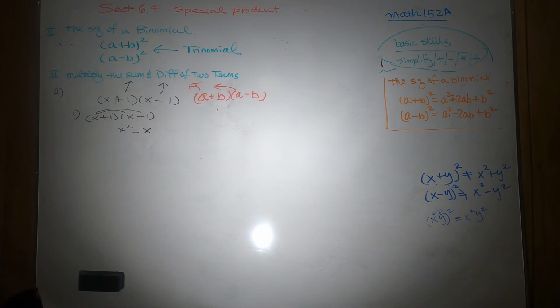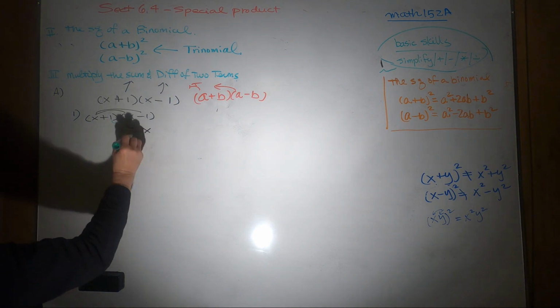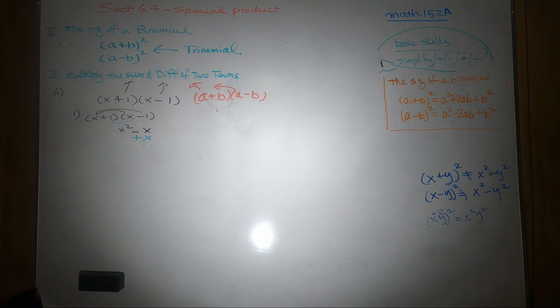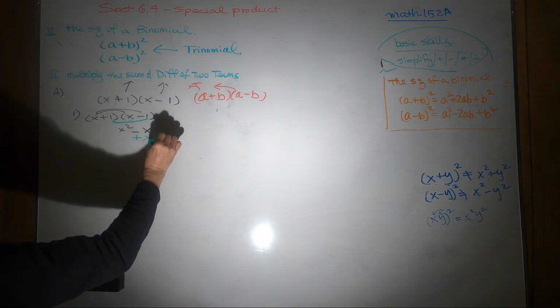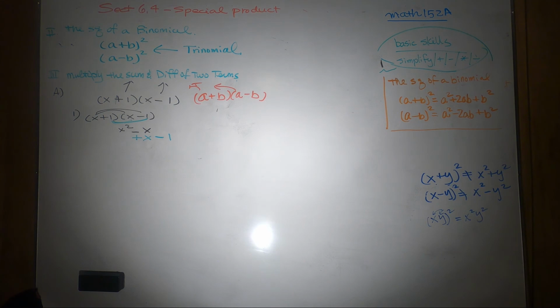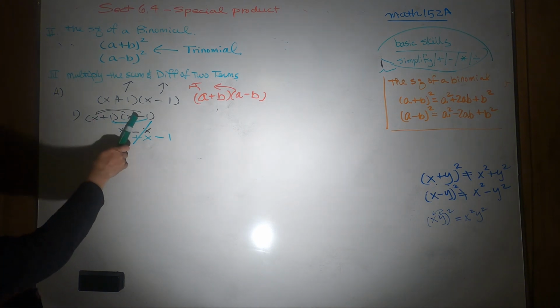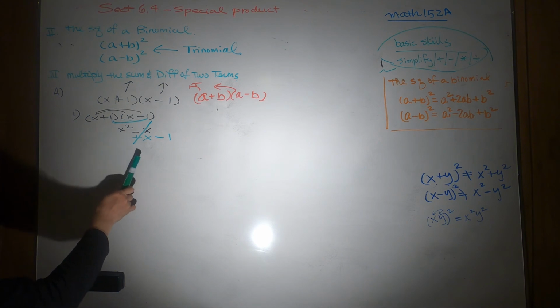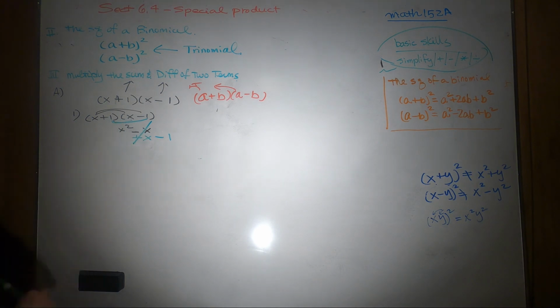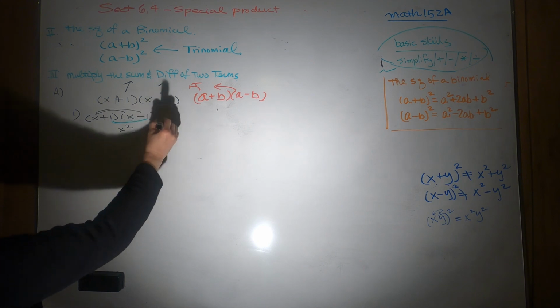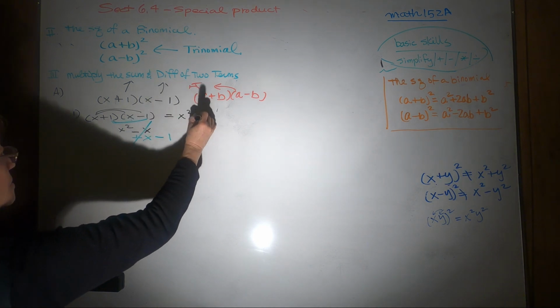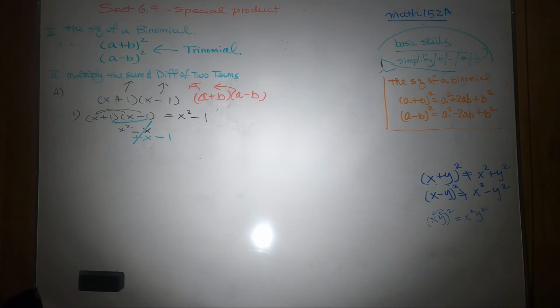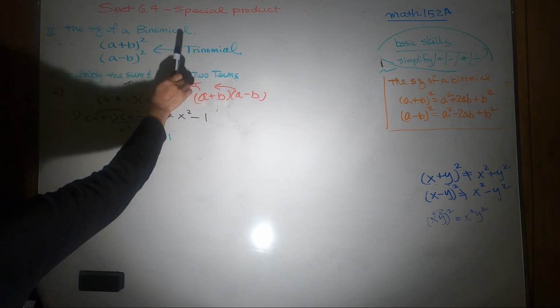Then bottom one will be 1 times x, plus x, 1 times -1, minus 1. See what happened? Because one is plus, one is minus, the middle part cancels out. It was 2 terms times 2 terms, you have 4 terms, however the middle part cancels out. You end up with x squared minus 1. It's a binomial. It's not like here, where it's a trinomial.